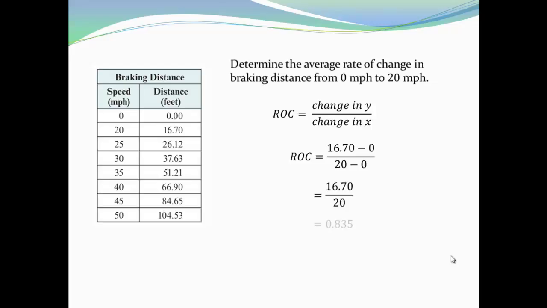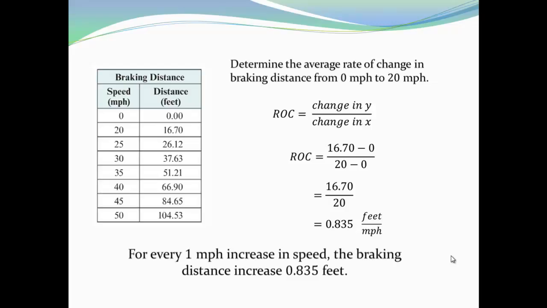Our rate of change would be 0.835. And we have to look at units too, because it's very important to always look at our units. What we're saying here is that for every 1 mile per hour increase in speed, the braking distance increases 0.835 feet.